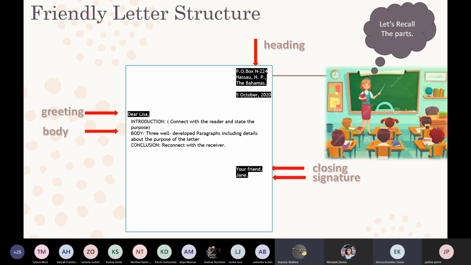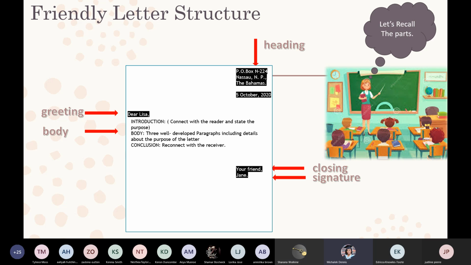Come on. New Providence, you are correct. All right, good stuff. And after you have your comma after Nassau, you have your N dot P dot comma, then you have the Bahamas full stop.